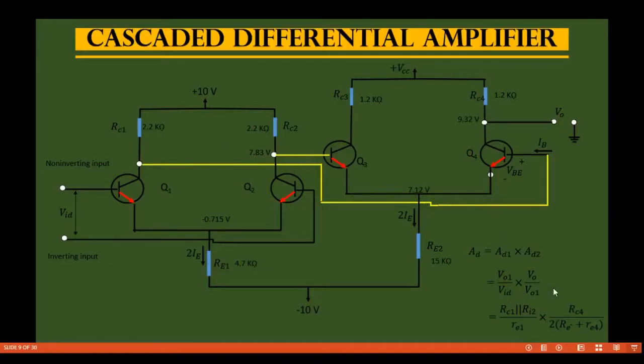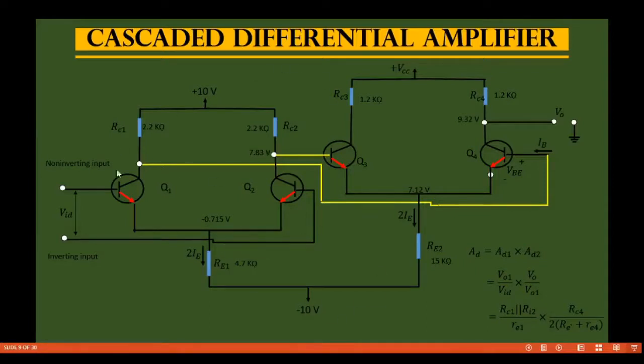As we calculated earlier, for dual input balanced output and dual input unbalanced output, the differential voltage gain for unbalanced output is half that of balanced output. The expression is RC upon RE, that means the collector resistance at the output over the AC emitter resistance.